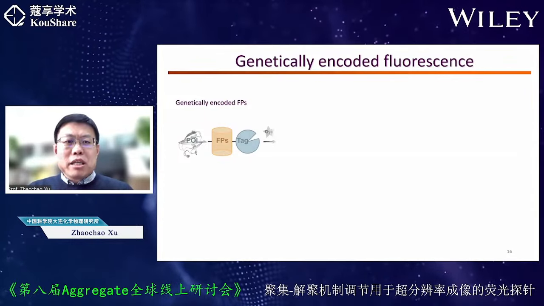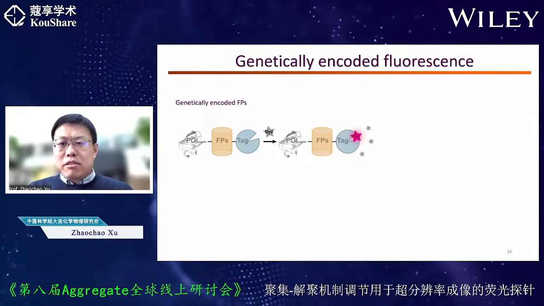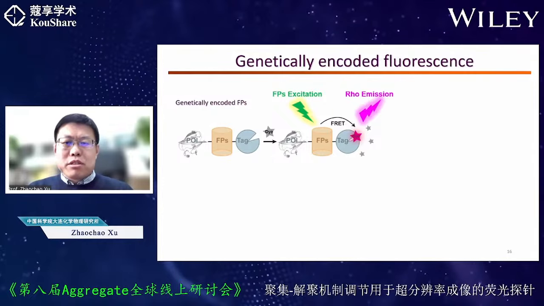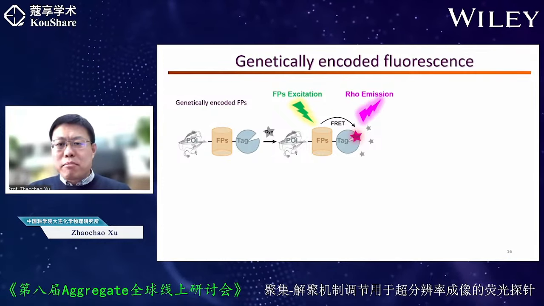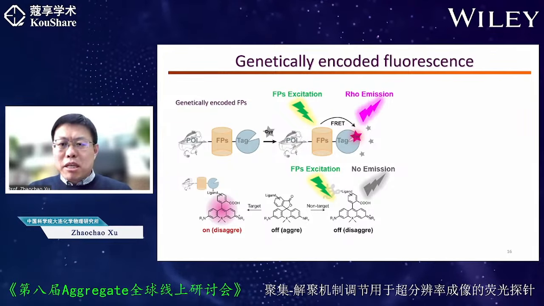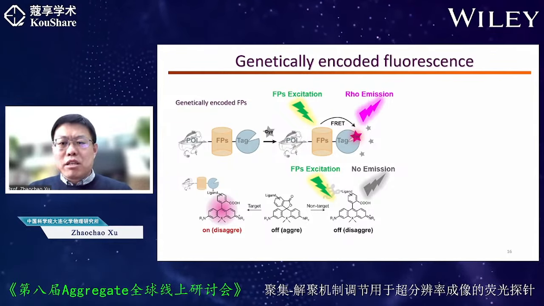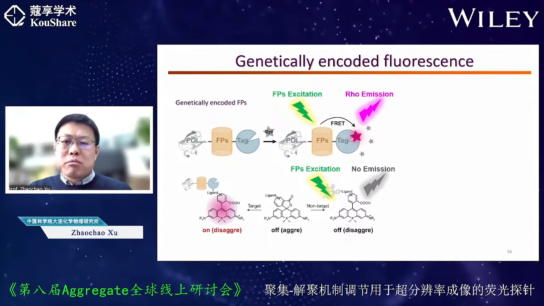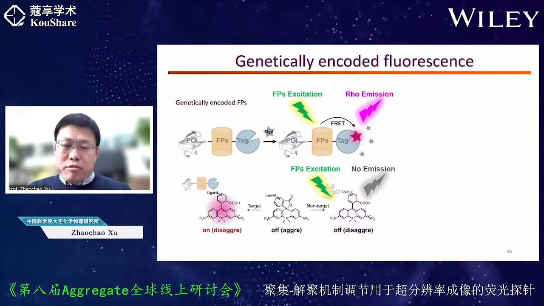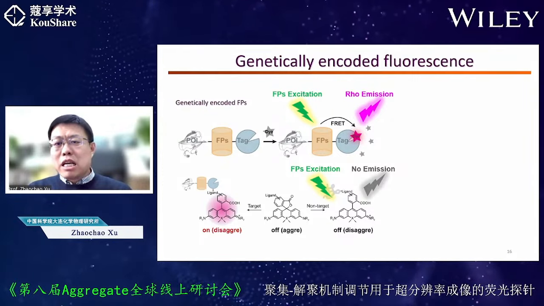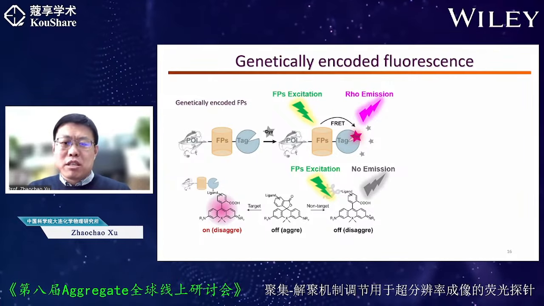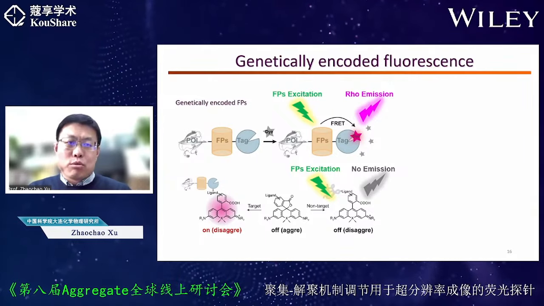After selective binding of the probes, the fluorescent protein is excited, leading to fluorescence of silicon rhodamine through FRET. However, those misplaced silicon rhodamine molecules lacking the fluorescent protein do not generate FRET fluorescence.